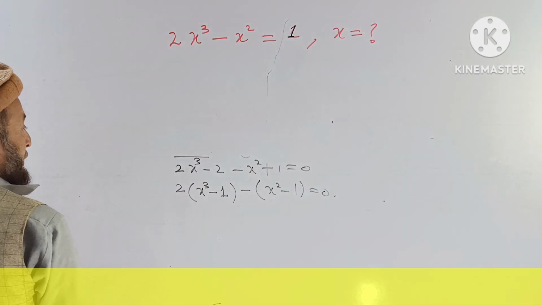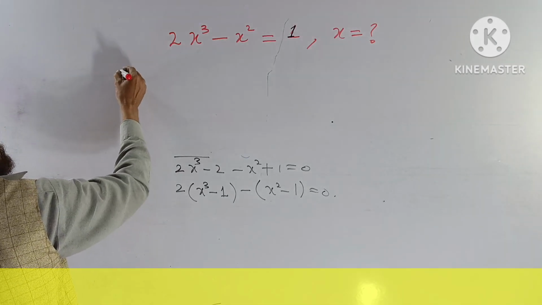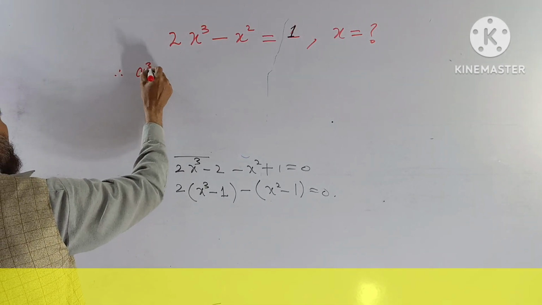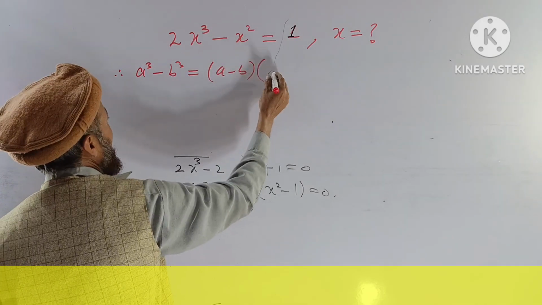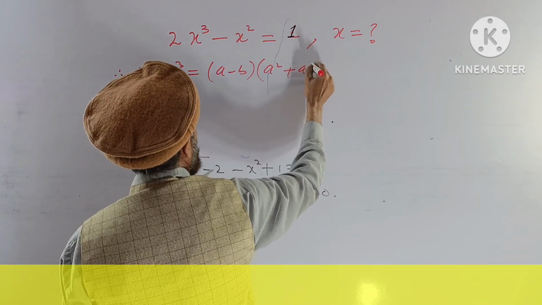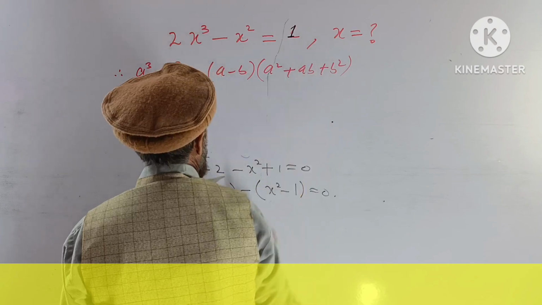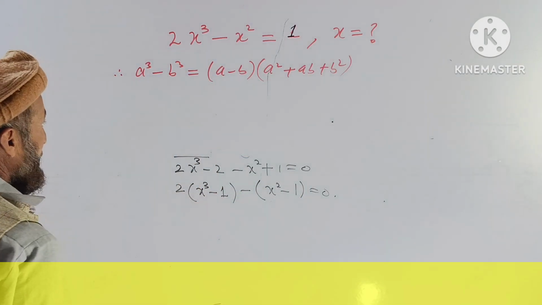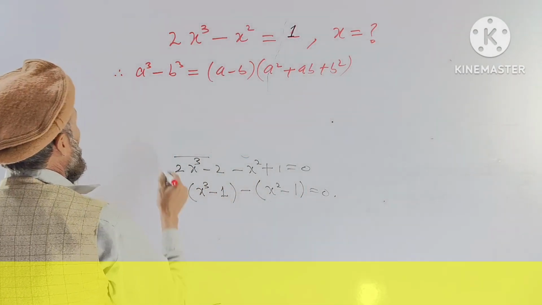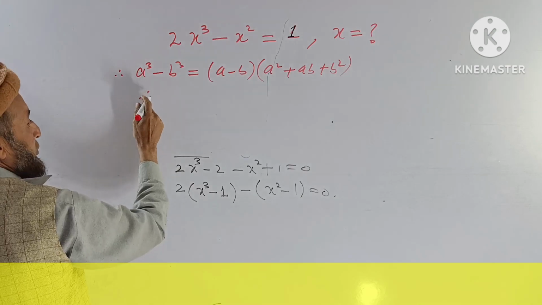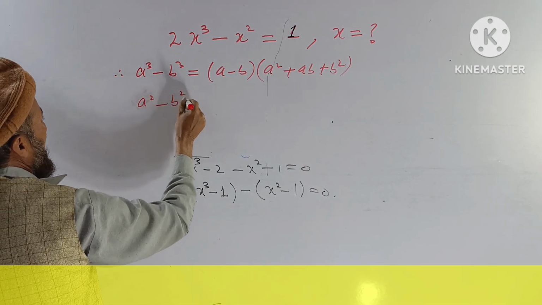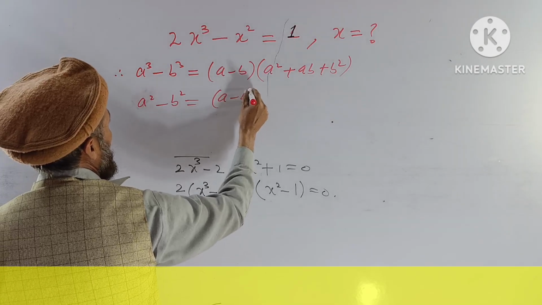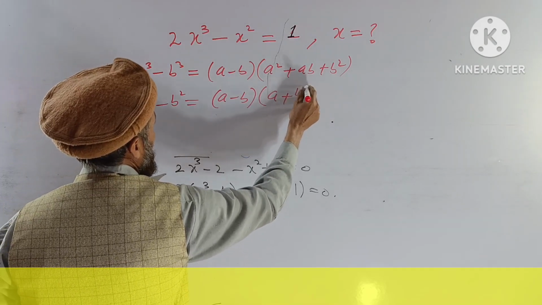According to the cube formula, as we know, first of all we write a cube minus b cube is equal to a minus b into a square plus ab plus b square. In the first term we are using this formula. The second term we have already a square minus b square is equal to a minus b into a plus b.